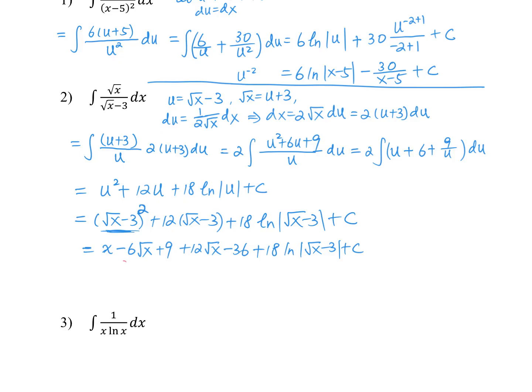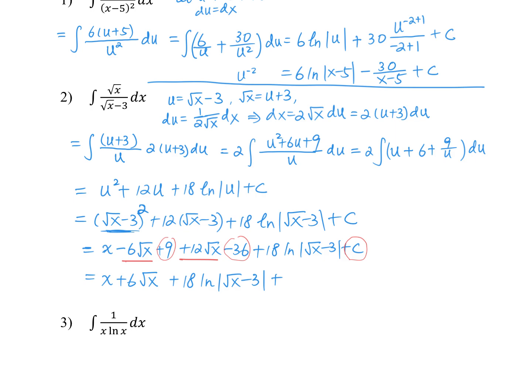And we can see that these two are like terms, which gives us positive 6 square root of x. Now, because I do have an arbitrary constant, I really don't need to keep the negative 27, right? I should combine that into my arbitrary constant, so I'm not going to write it. But I still have the 18 natural log absolute value of square root of x minus 3 term. So plus, this will be a new c.